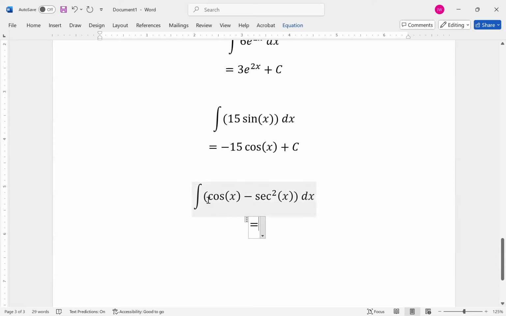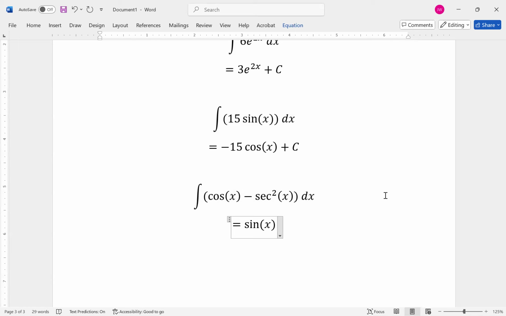When I take an antiderivative of cosine of x minus secant squared of x, I'm going to do this separately. The antiderivative of cosine of x is a positive sine of x. Again, this is all with respect to x. Secant squared, if you remember, is the derivative of tangent.